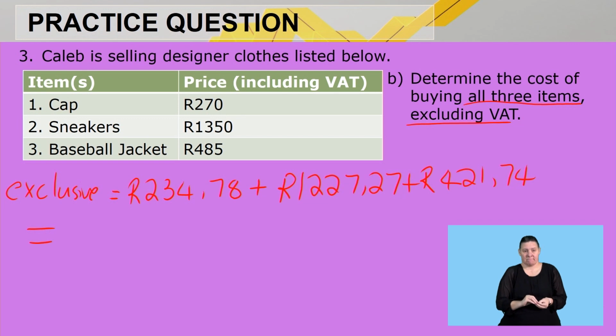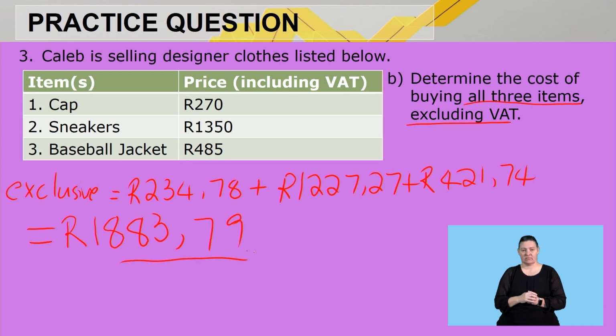Adding all these costs: 234.78 plus 1,227.27 plus 421.74. So excluding VAT, these items cost 1,883.79. This cost excludes VAT.